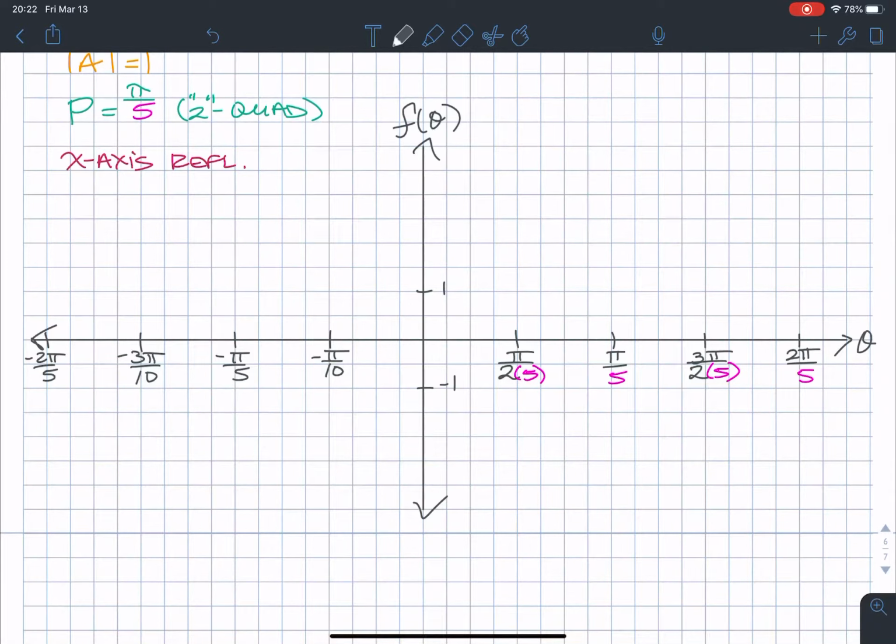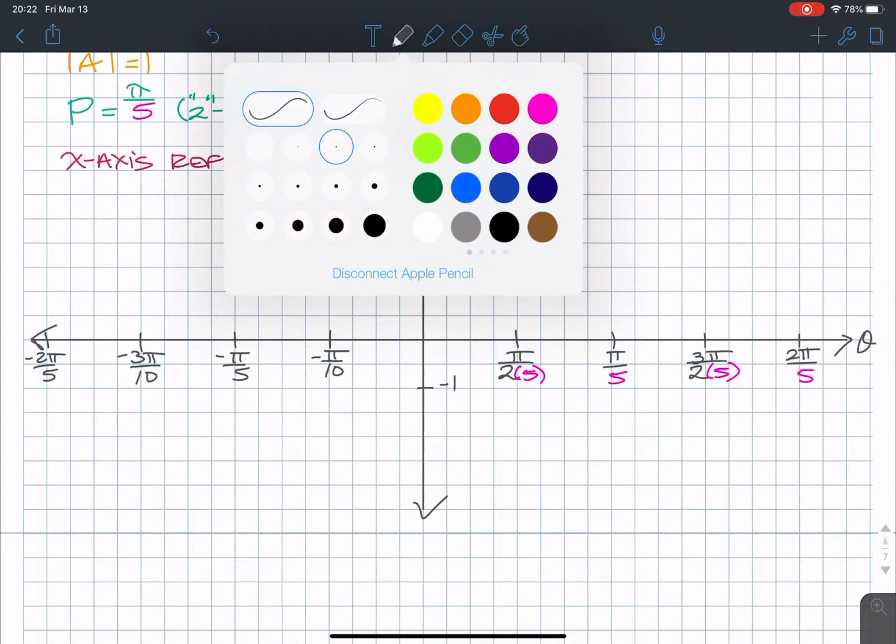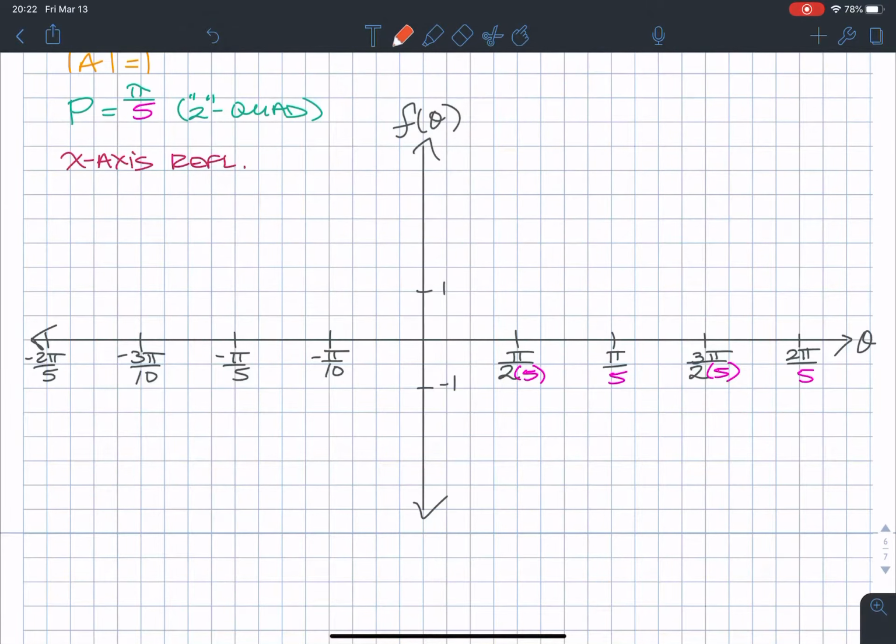Okay, so the asymptotes for tangent are at the first quadrant and the third quadrant, going both forward and backwards. Okay, so let me do different colors here. Tangent of 0 is 0.